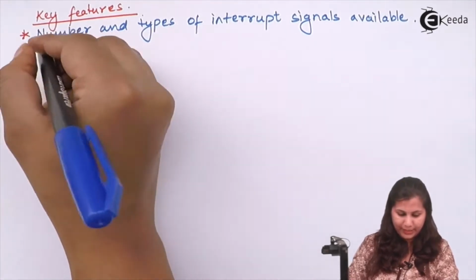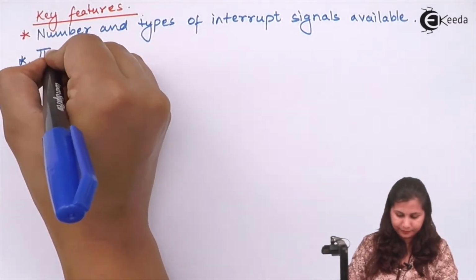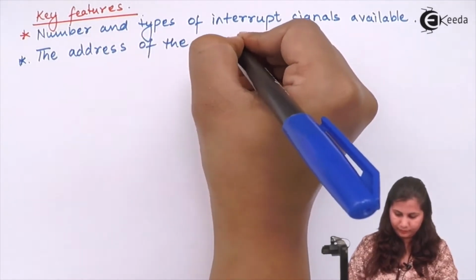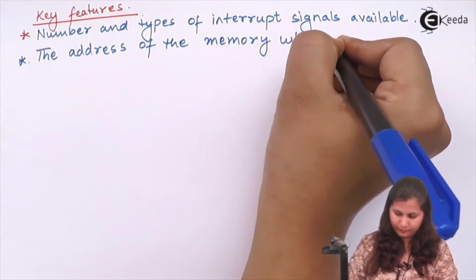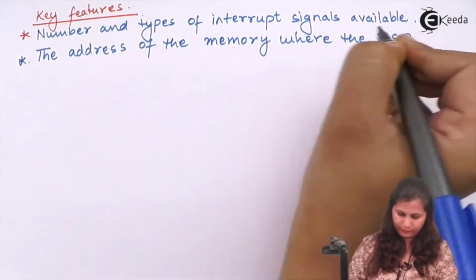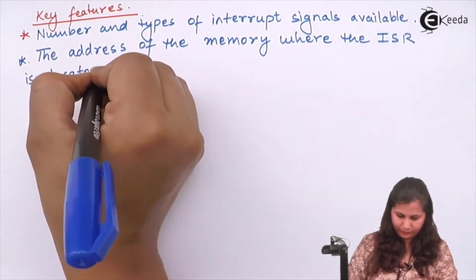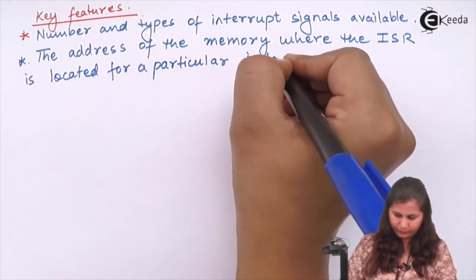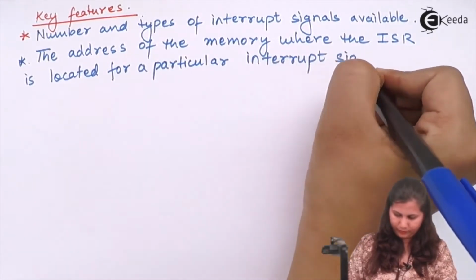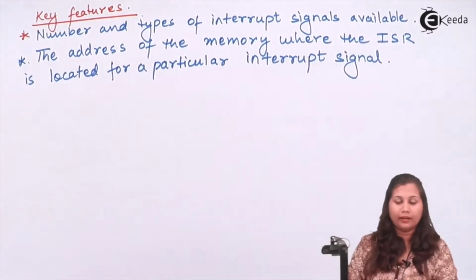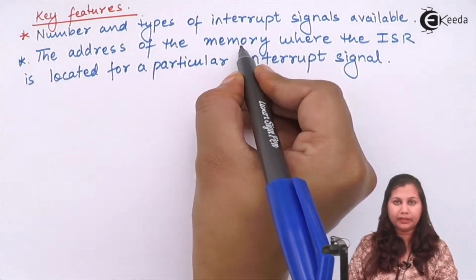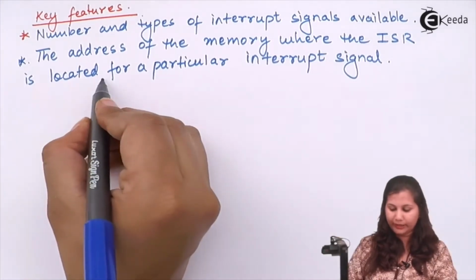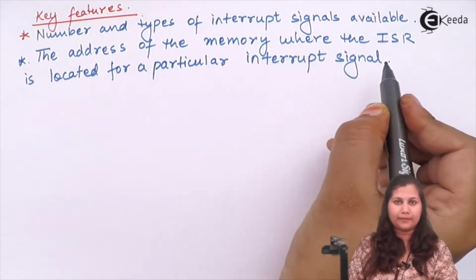Next is the address of the memory where the ISR, the interrupt service routine, is located for a particular interrupt signal.